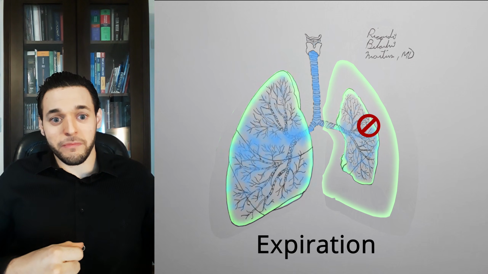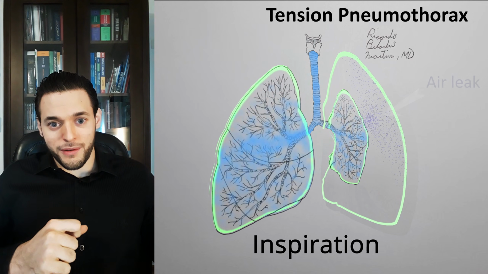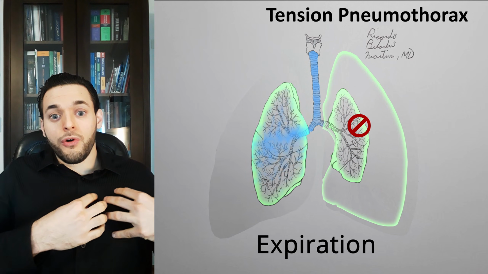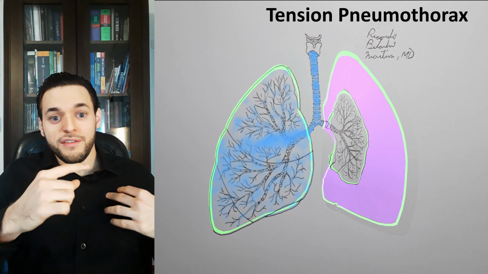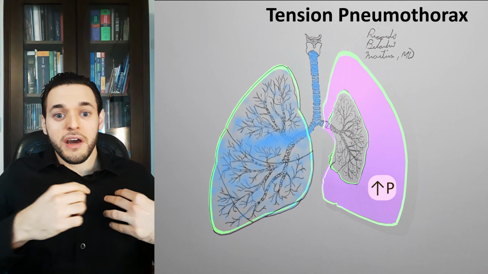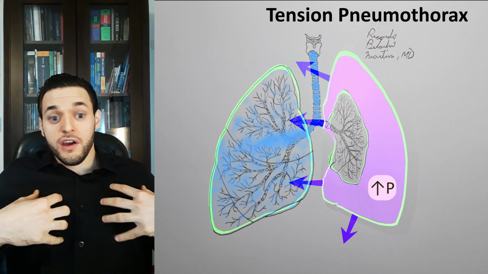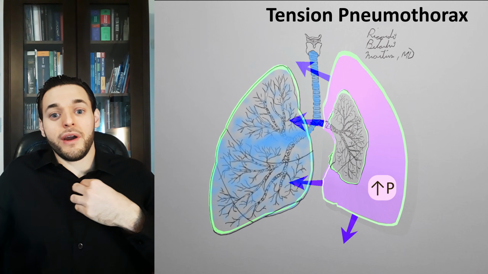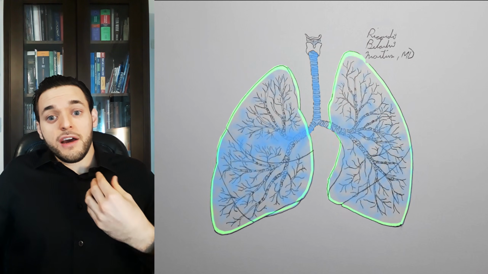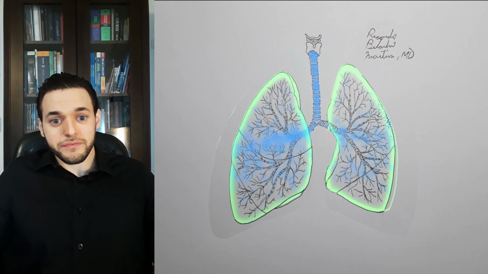This is called a tension pneumothorax because air will accumulate inside the pleural space, progressively increasing the pressure and pushing adjacent mediastinal structures. This is considered an emergency since the compression of the great vessels risks an obstructive shock and poses severe risk to life.